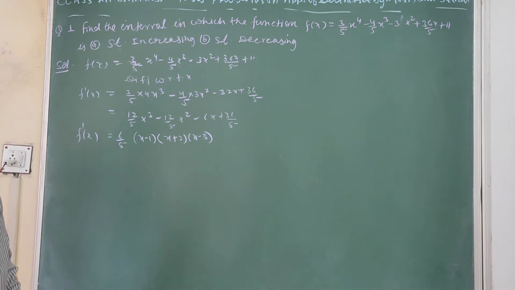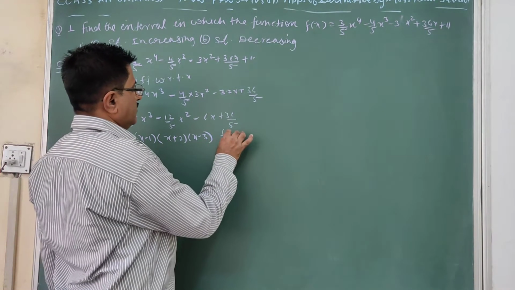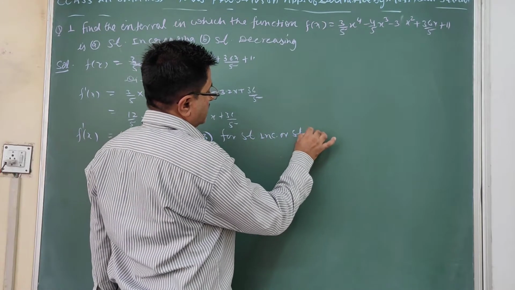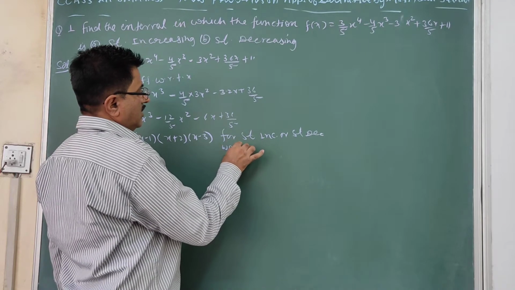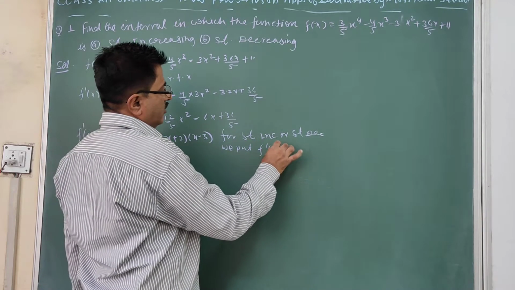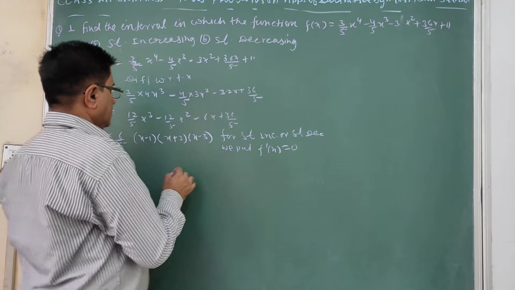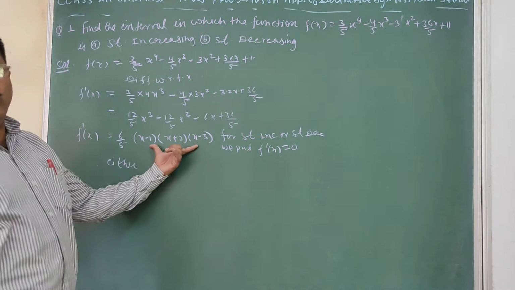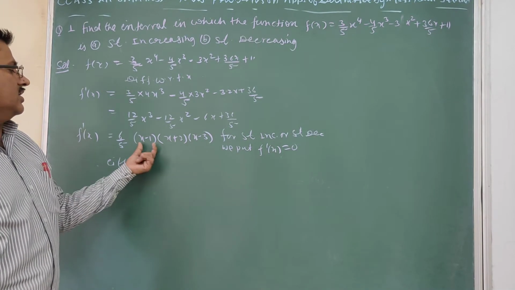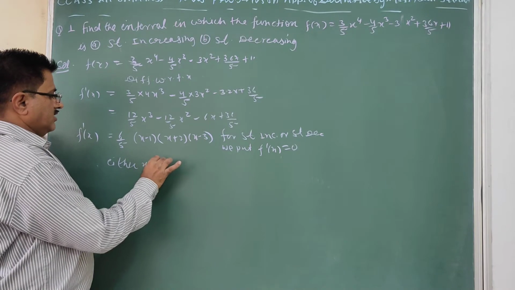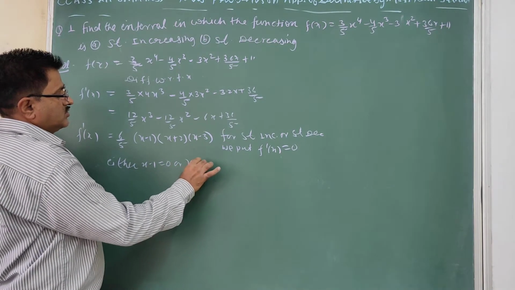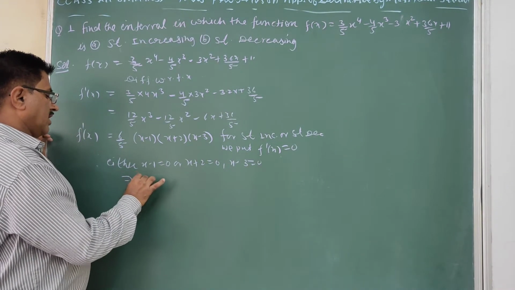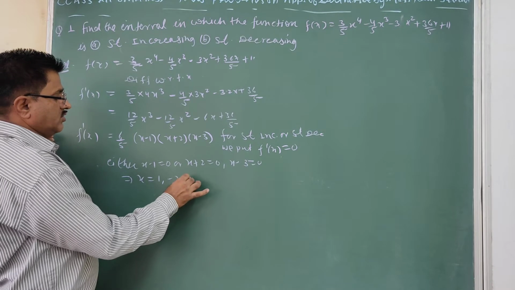So we know that for strictly increasing or strictly decreasing, we put the given derivative equal to 0. So either each factor is equal to 0: x minus 1 equal to 0, x plus 2 equal to 0, or x minus 3 equal to 0. So we get values of x as 1, minus 2 and 3.